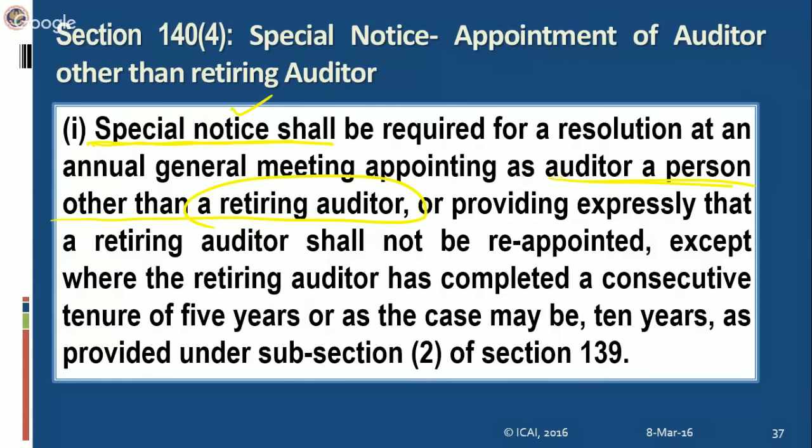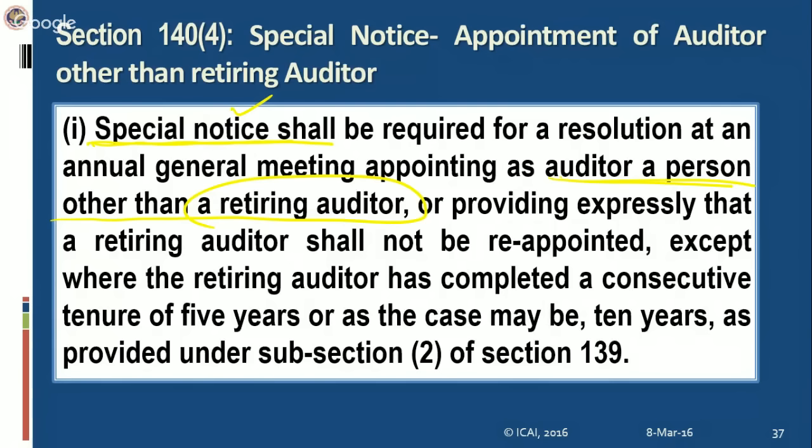So special notice will not be required if the auditor has completed the tenure. In case of an individual, 5 years, and in case of a partnership firm, 10 years.